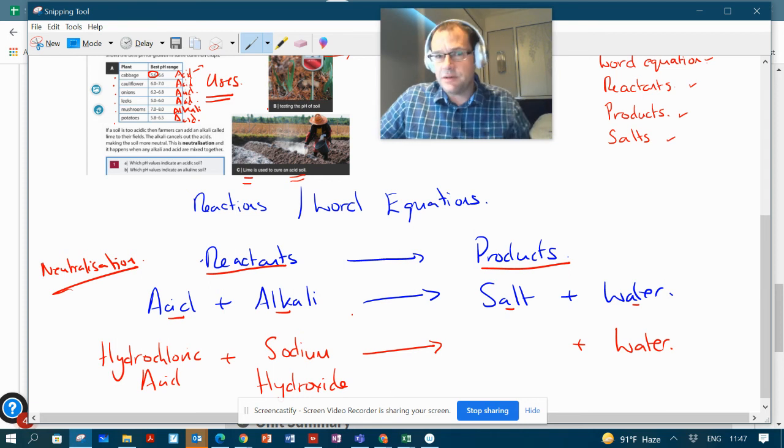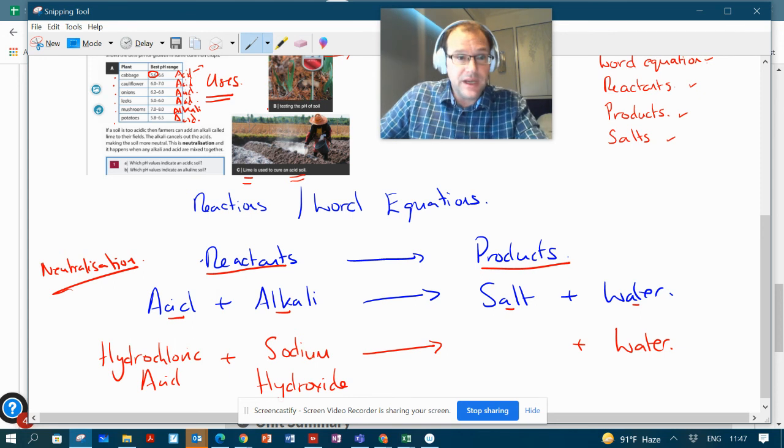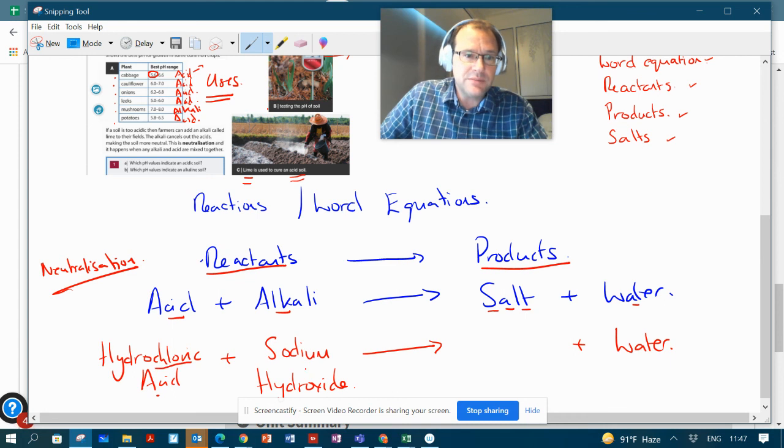Okay, so let's give an example of a common reaction we might do in the lab, which I will get you to do: hydrochloric acid and sodium hydroxide, two chemicals, this one being the acid, this one being the alkali. Now we can actually work out what the salt's going to be called in this case, because we've got clues in the names.